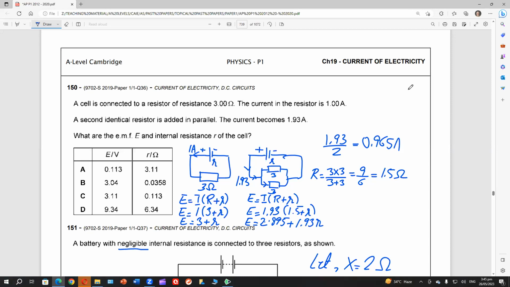So either we solve it by substitution or we can use trial and error. Both options are available because now I have two equations.